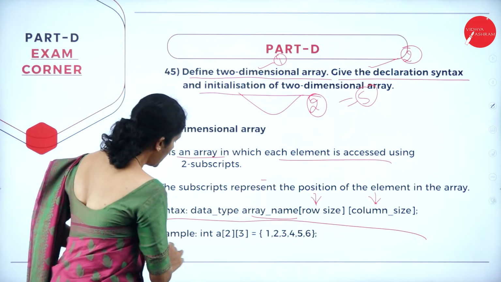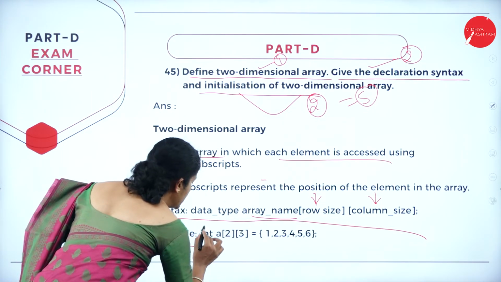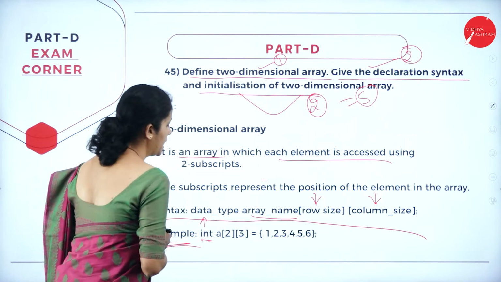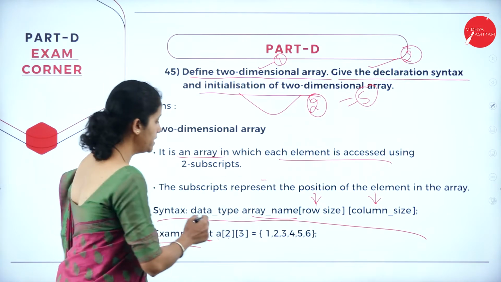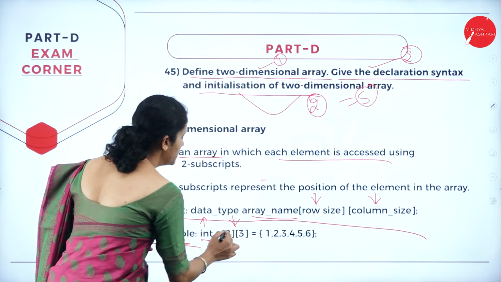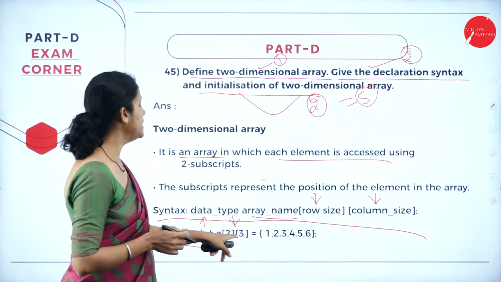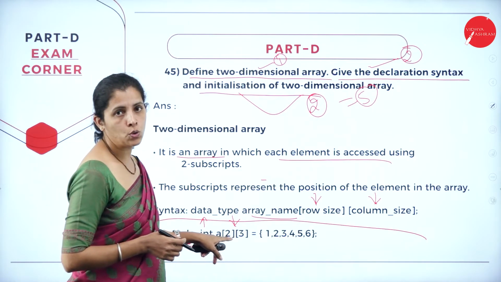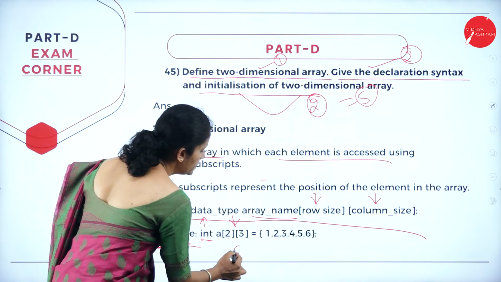Now, I'm going to write the example here. Now, int is nothing but the data type. Here, a of 2 and 3, that is nothing but the array name along with the size. So, how many elements can I store here? It is 6. So, 2 into 3, that is 6.